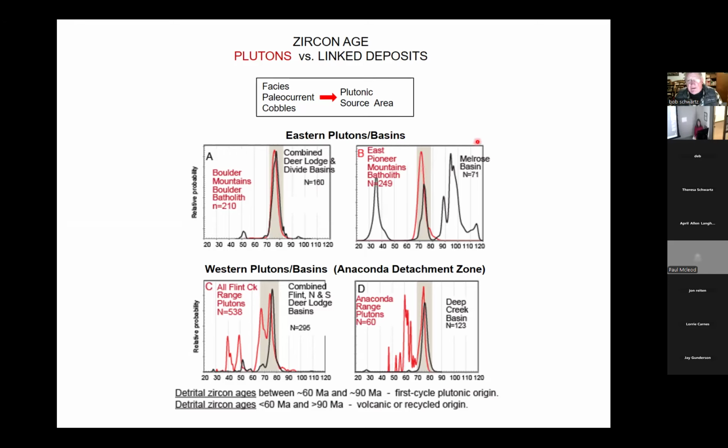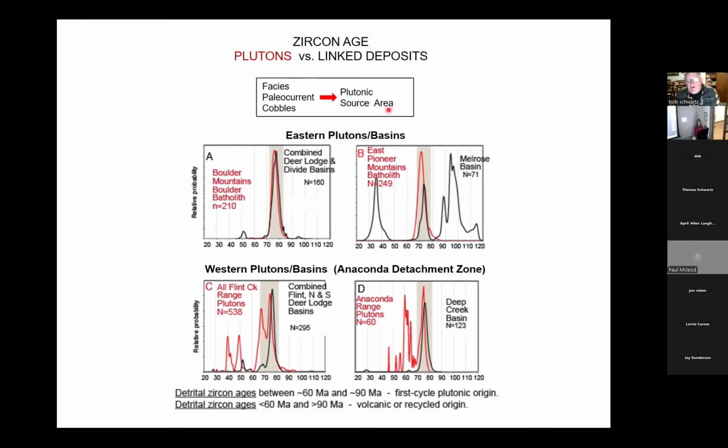Now, the first obvious question is, whoa, how do you know the detritus comes from a particular plutonic source area? So that's why I put this in here as a reminder. When you combine facies with paleocurrents and cobbles in the basin margin deposits, they tell you where the source area was located, and therefore you know what plutons existed in that particular source area.